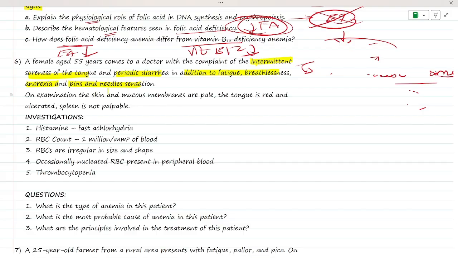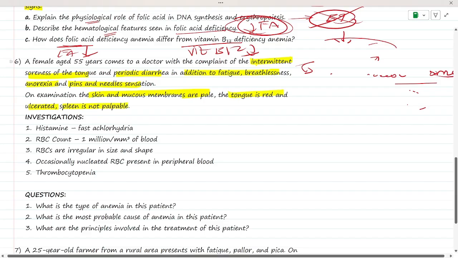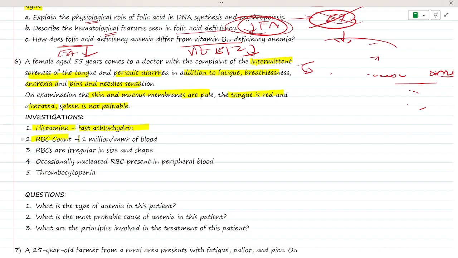On examination, the skin and mucous membrane are pale, the tongue is red and ulcerated, spleen is not palpable. Investigations: histamine-fast achlorhydria. RBC count is 1 million per mm cube. RBCs are irregular in size and shape. Occasionally nucleated RBCs are present in the peripheral blood, and thrombocytopenia.